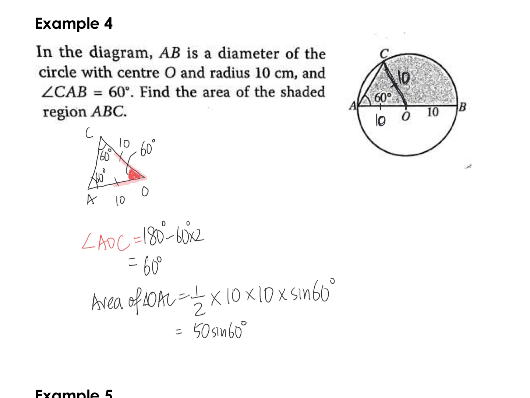Okay, now I want to find this piece. To find this piece, I need the angle between them. If not, I cannot find. How to find this angle? 180 minus, 180 take away the 60. So this is 120.